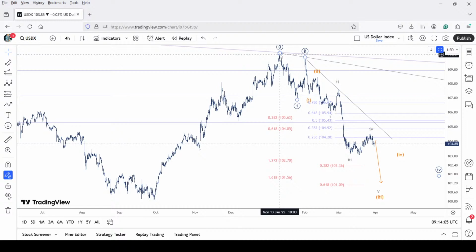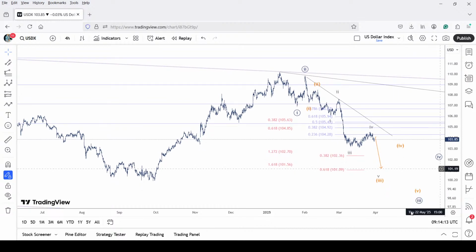The first degree is minute wave 1 and 2, and minute wave 3 is underway. And finally comes the sub-minute wave 1, 2, 3, 4, and the sub-minute wave 5 might have just begun to terminate around 101.